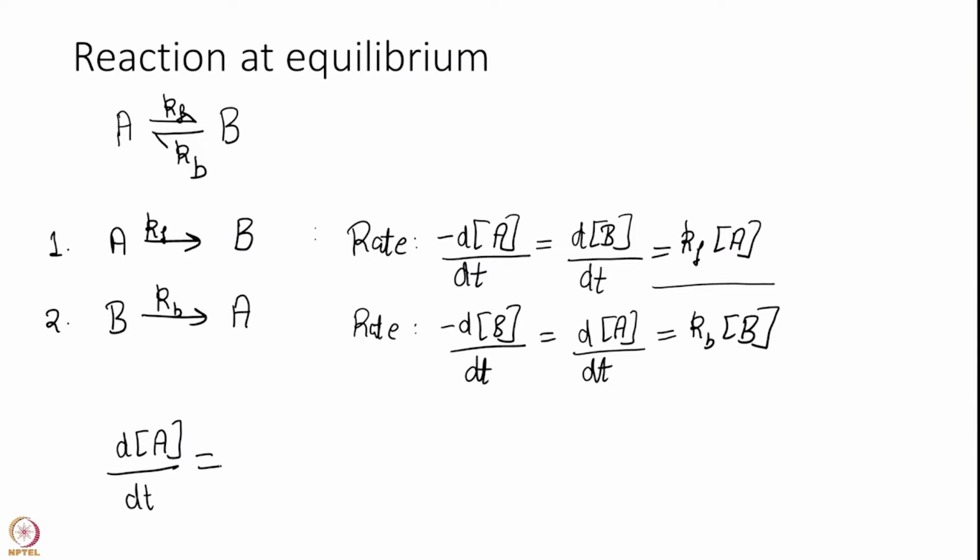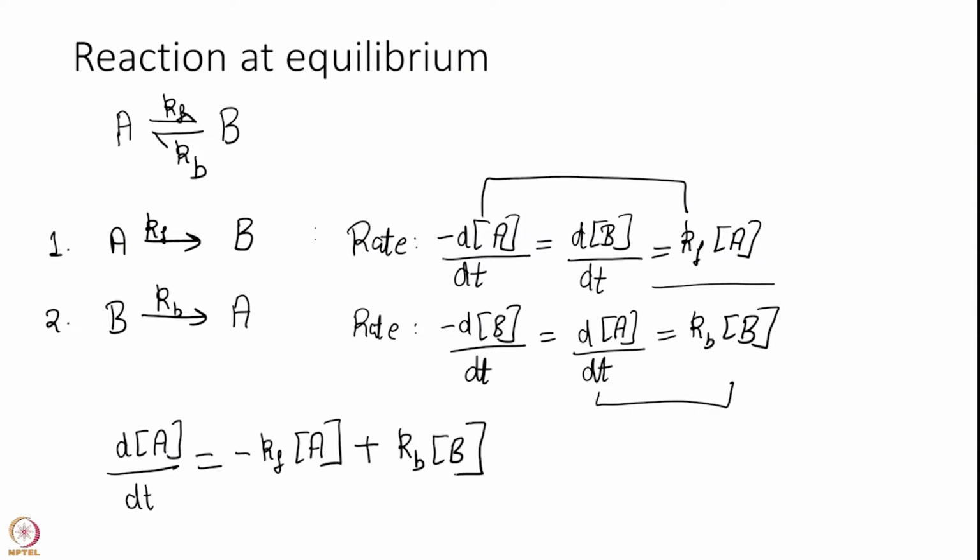The first equation tells me dA over dt is minus Kf A. So, we look at this term and note that I had a negative sign before dA over dt. So, I put that negative sign in the right hand side and I get minus Kf A. And I look at the second equation that also has a dA over dt. So, I take that and I add Kb B. So, that is my first equation for dA over dt.